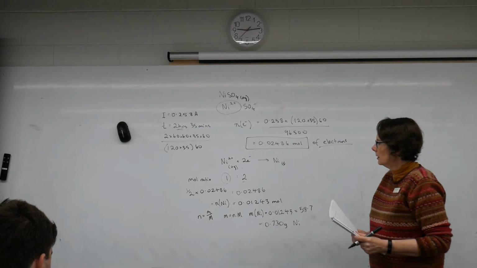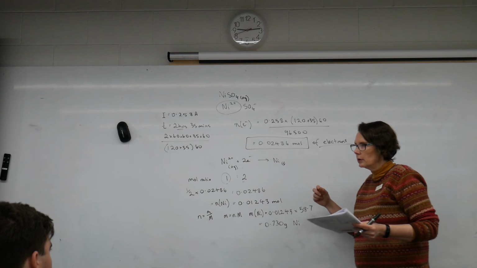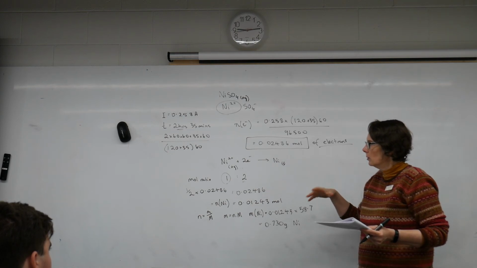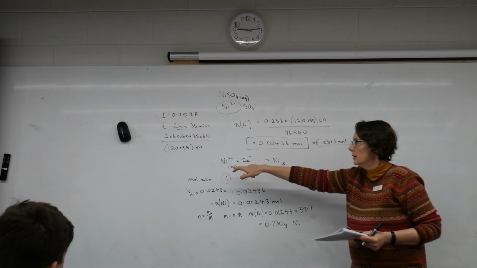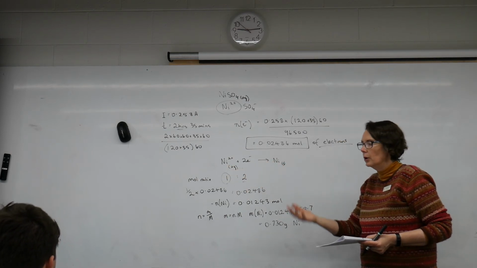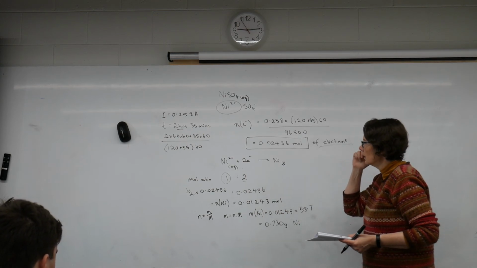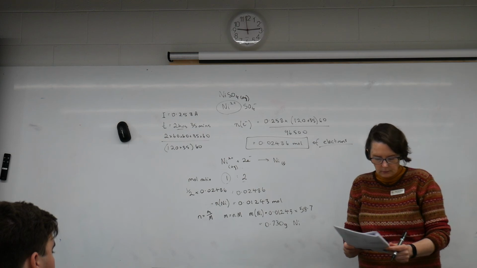Okay, so remember that wire I drew, moving all those electrons along? Well, every time 2 electrons pop out onto the cathode, then another nickel ion can reduce out of solution. And so on, and so on, and so on. Does that make sense? That's what's happening.